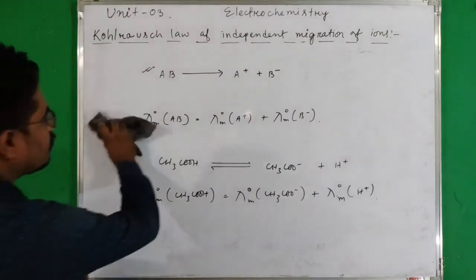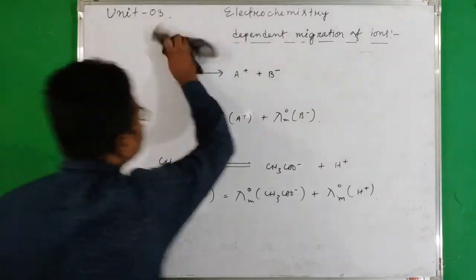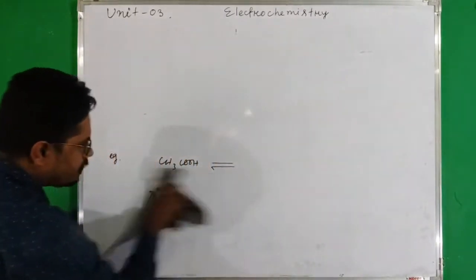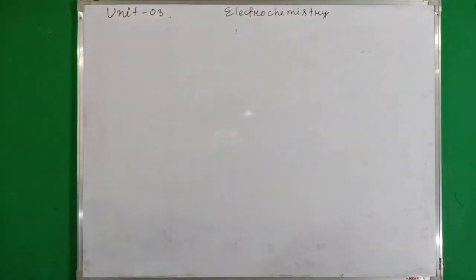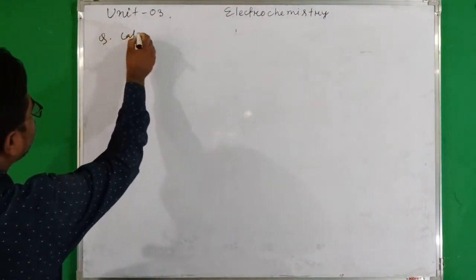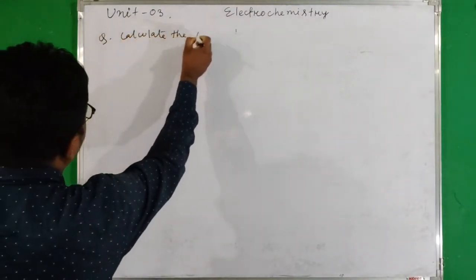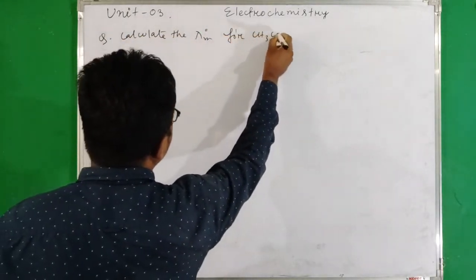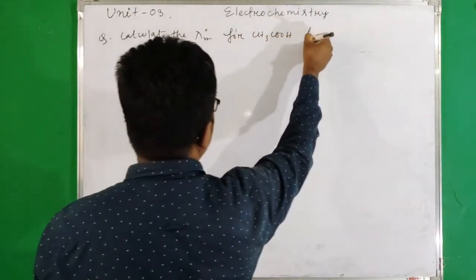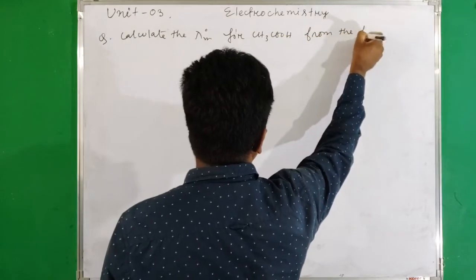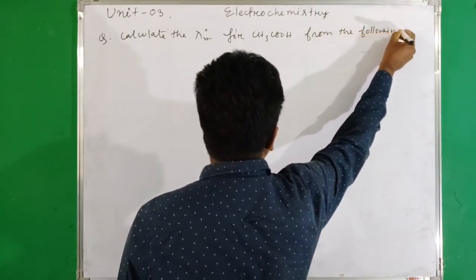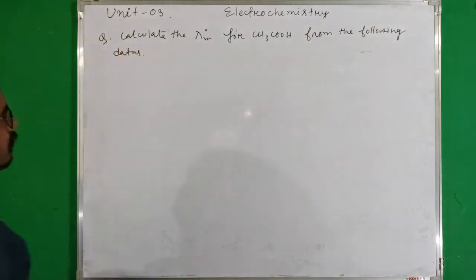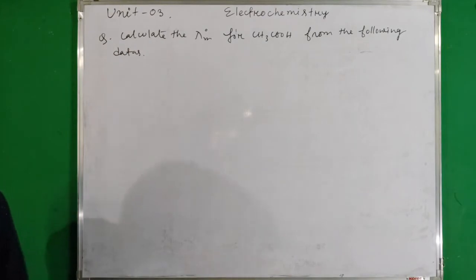The question is: calculate the lambda m naught for acetic acid, CH3COOH, from the following data.